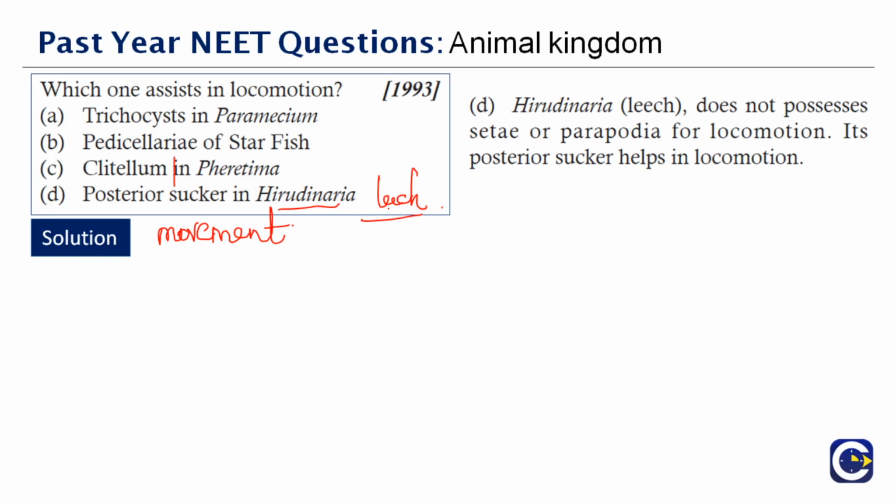When we talk about a sucker, in zoology you refer to it as a specialized attachment organ of an animal. The sucker will be predominantly present in the posterior end on the ventral side, and it will be lined with epidermis. The main function of this sucker is mostly attachment. But here in this leech, it also helps in locomotion. Therefore, the correct answer is option D.